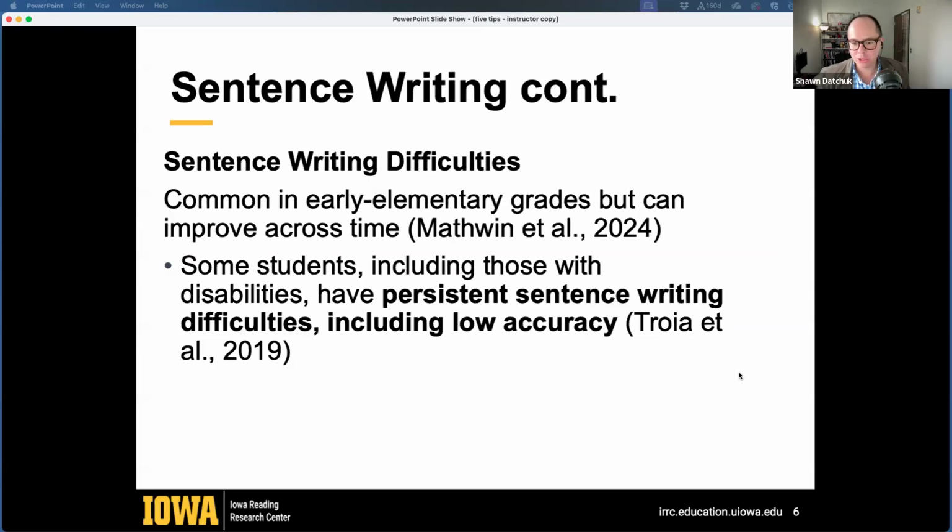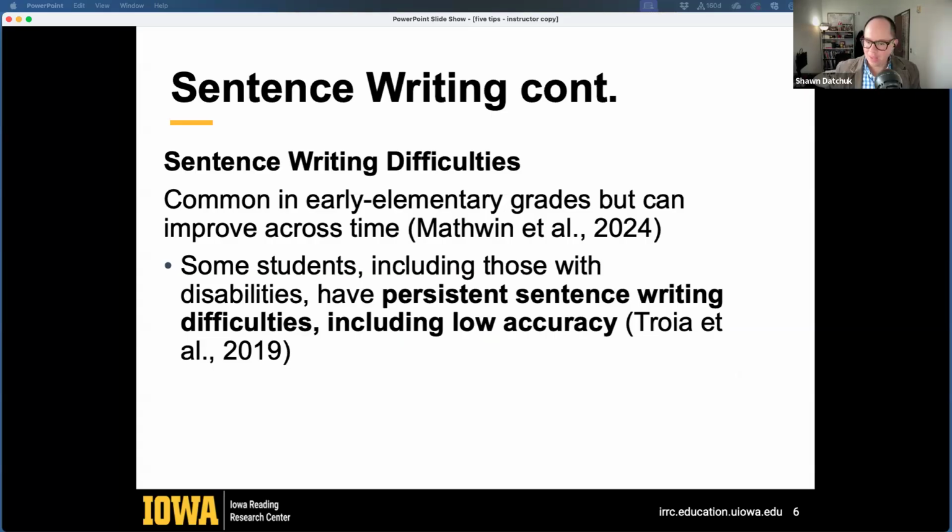And unfortunately, for some students, the kind of early difficulties that they experience while they're trying to build up these skills of text writing and sentence structure, they can be persistent difficulties for some students.